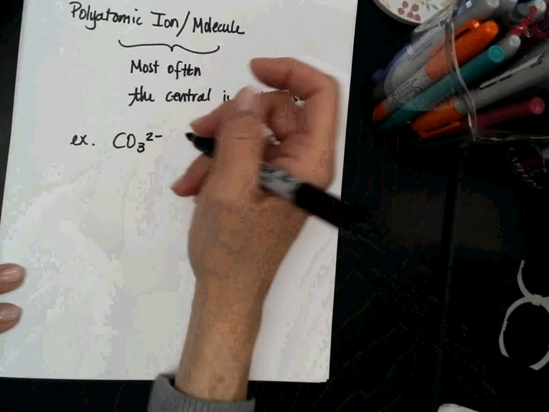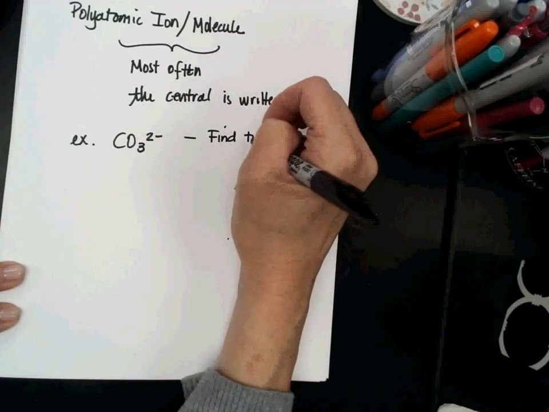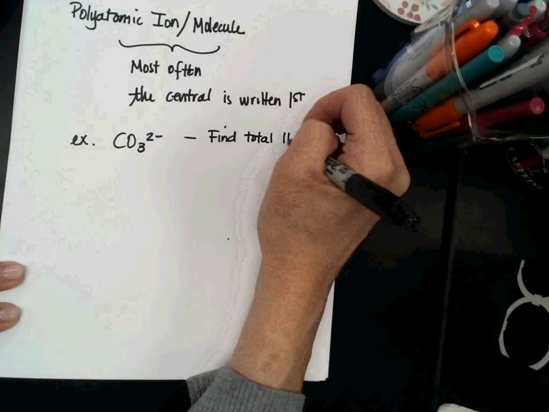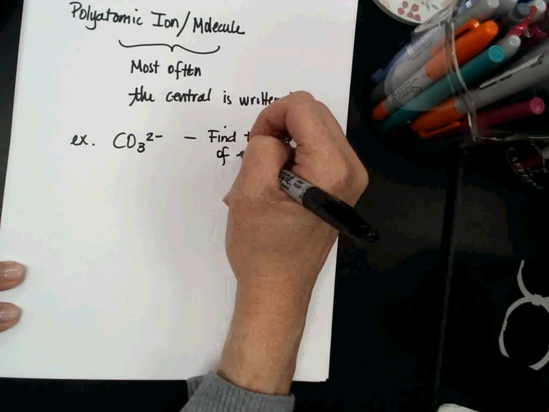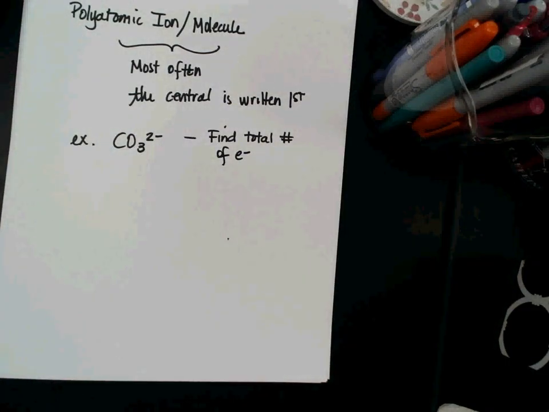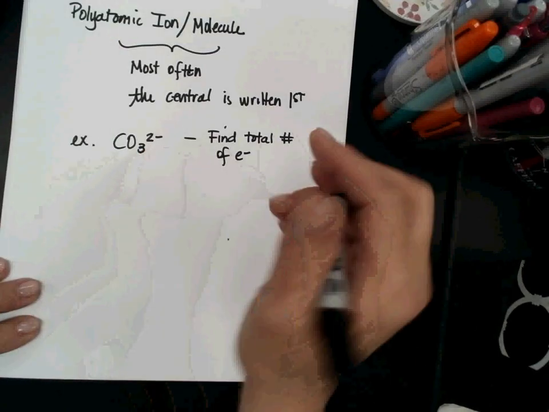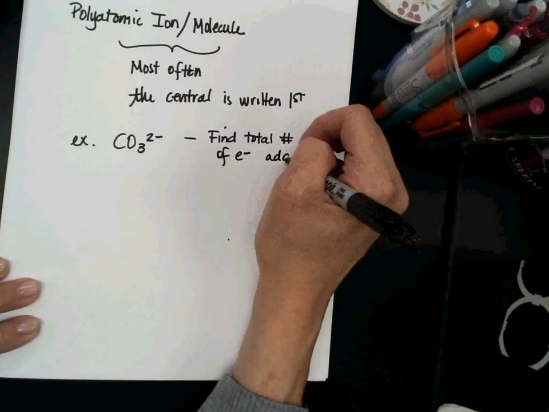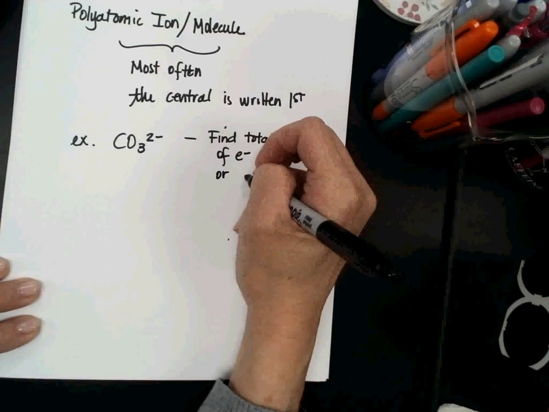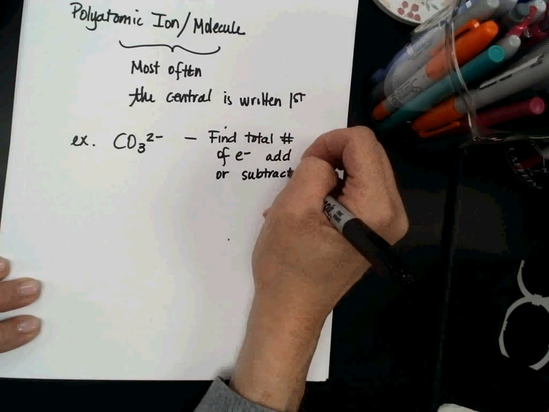So once I see this, I'm going to find my total number of electrons, and then I look at my charge, and I'm going to add or subtract according to charge.